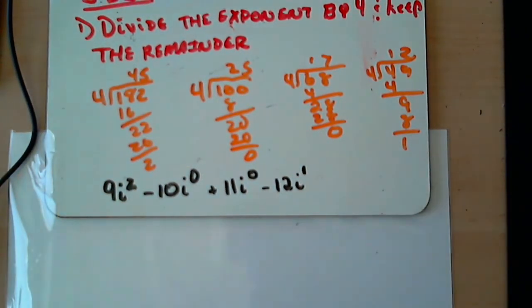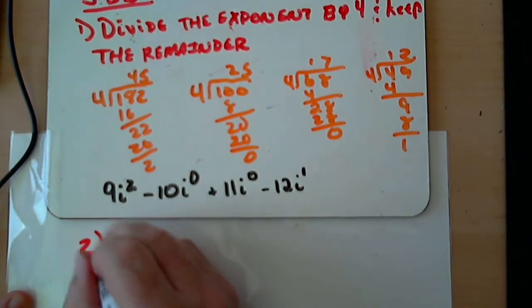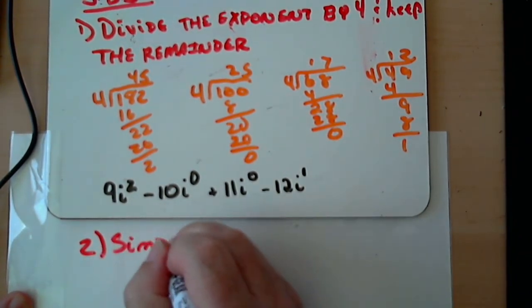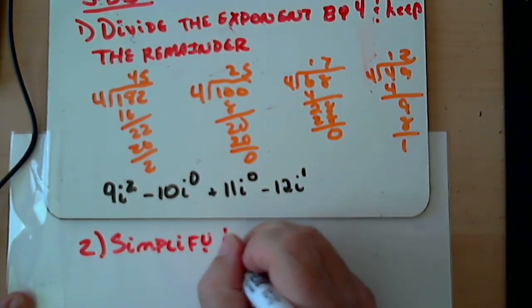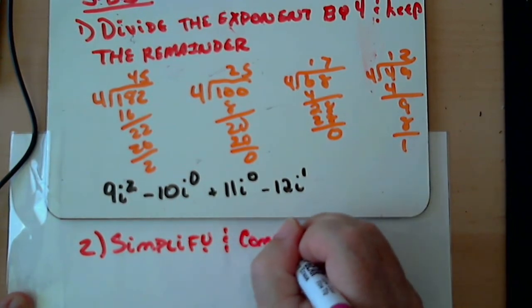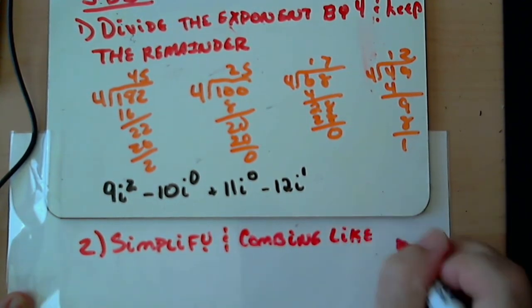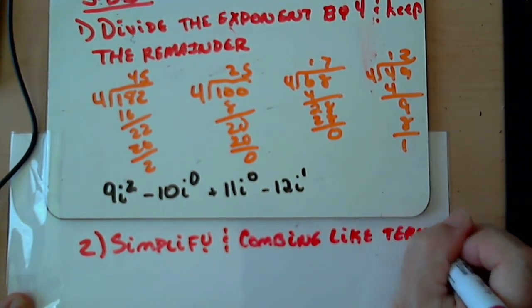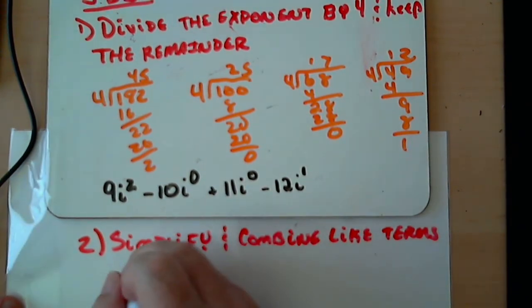So now that I've done this, step 2, we want to simplify and combine like terms. i squared is just -1, so this becomes -9.